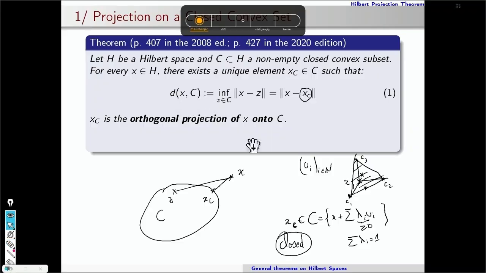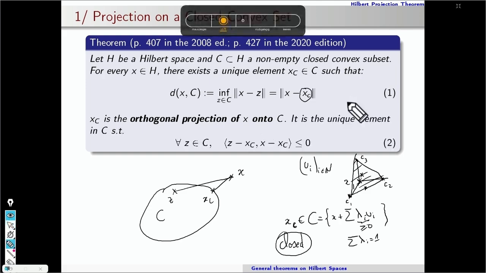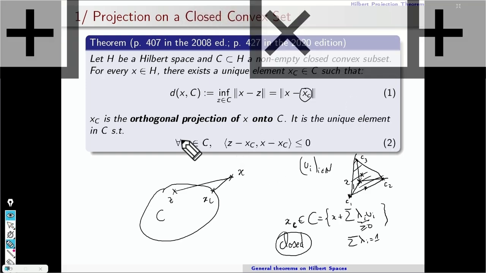So there exists a second characterization in terms of direction and angles. For all z in C, I can consider this vector from xc to z, and its inner product with this vector x minus xc here.